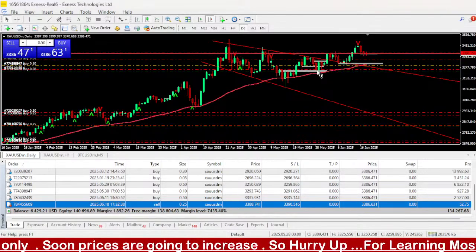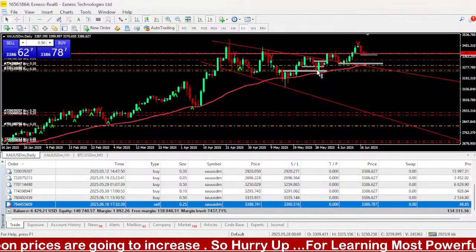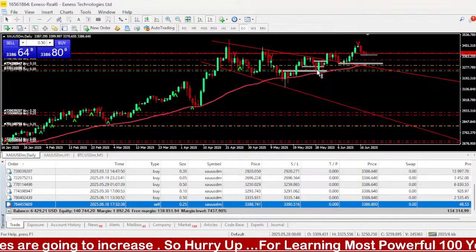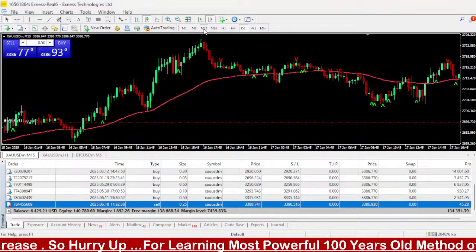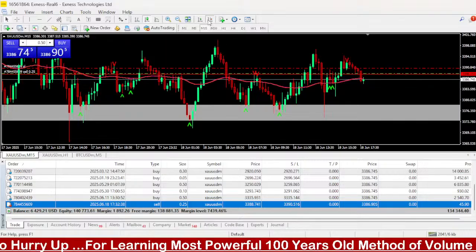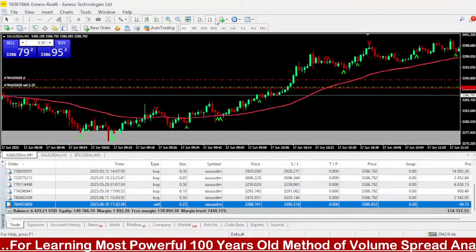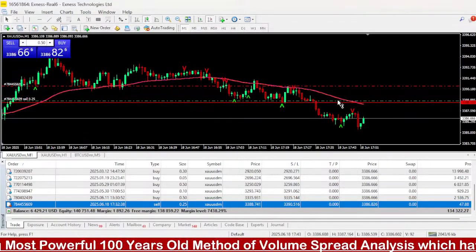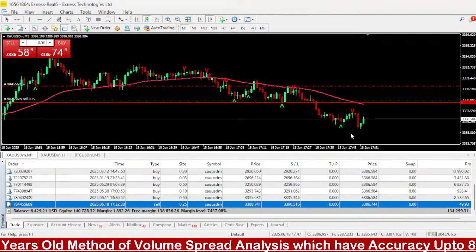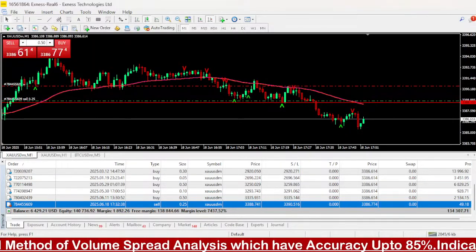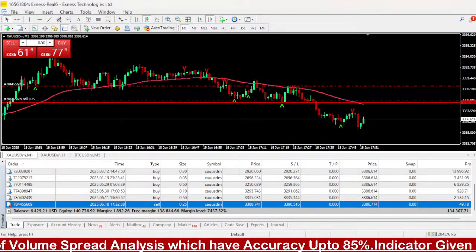But currently if the news is again negative, then it will not come down. If this FOMC is negative, the market will not stop. Again it will make another high and then again another high. Okay, so a little bit of volatility is coming in the market.